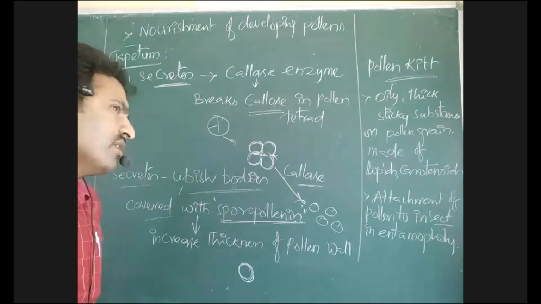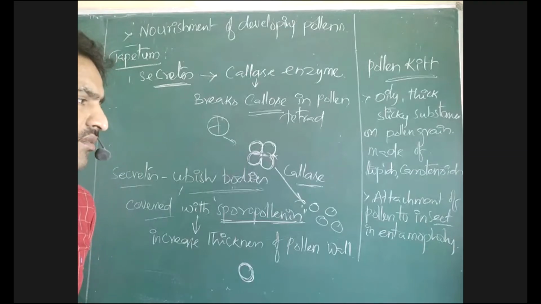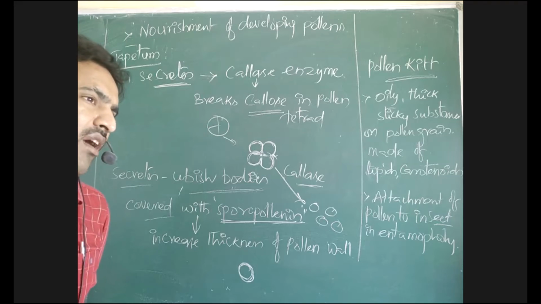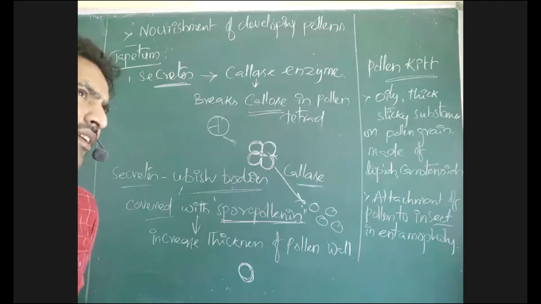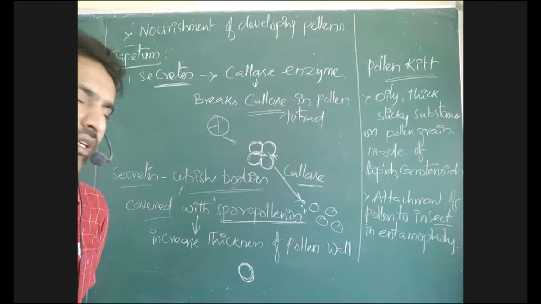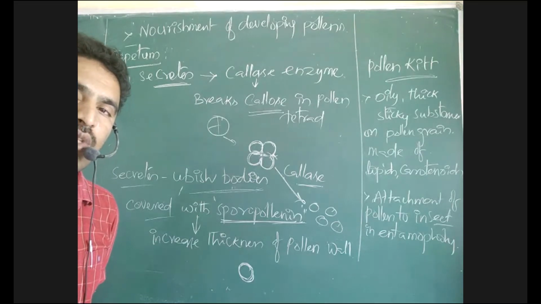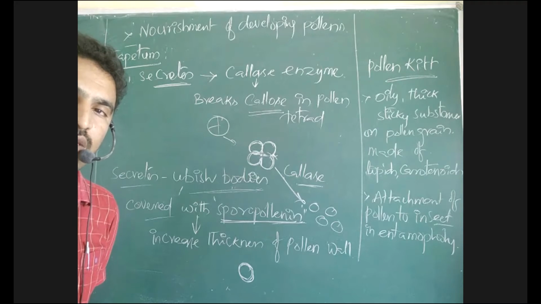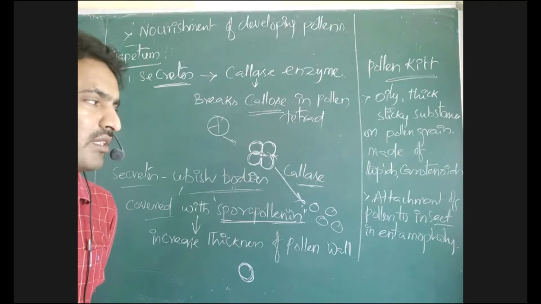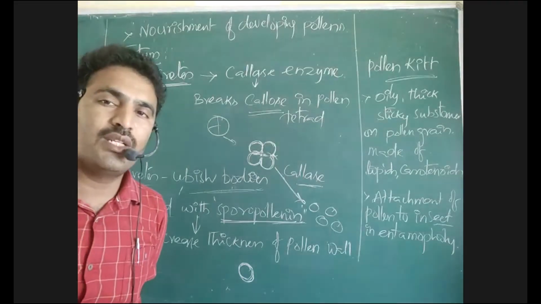What happens in insect-mediated pollination? First, insects will land on a flower where male organs are present. When it is landing on a flower, if that flower has male organs and produces pollen grains, those pollen grains will attach to the surface of the body of the insect. Then the same insect will go to the next flower, another flower. The pollen grains are now carried to the second flower.